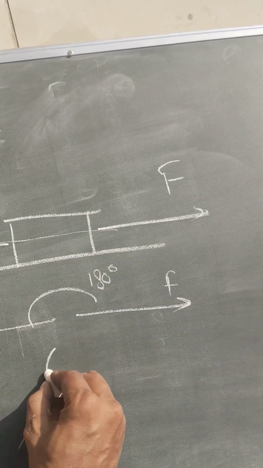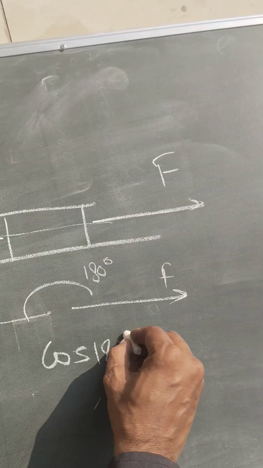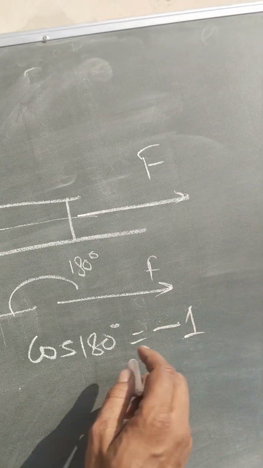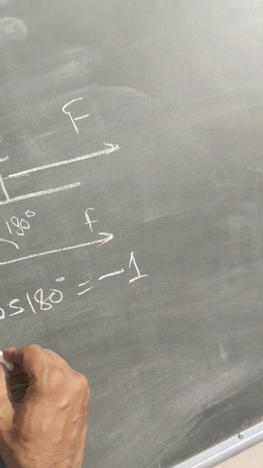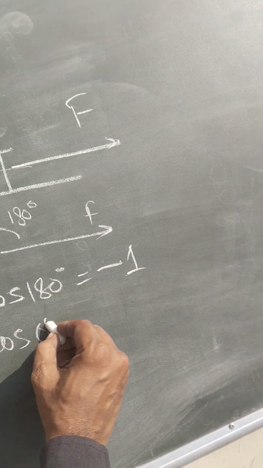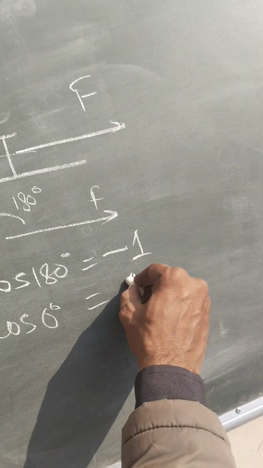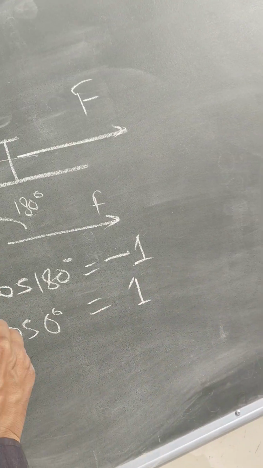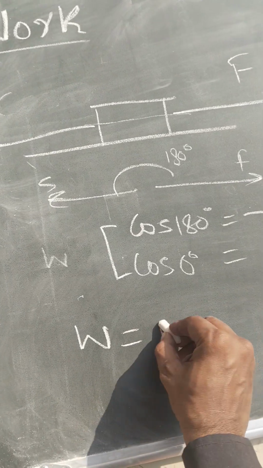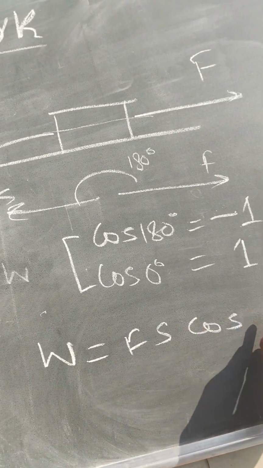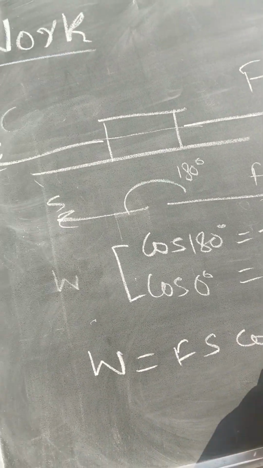So cos 180 degree is nothing but negative 1. At cos 0 degree, it is plus 1. So in this case, work is Fs cos 180 degree, and this is -1.